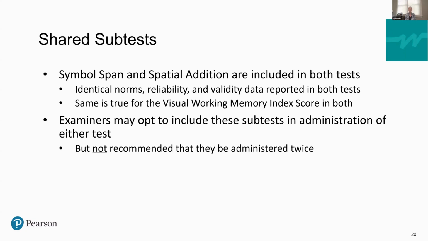Note also that there's another factor you'll want to consider. If you administer and score using pencil and paper, things are pretty straightforward, but can become a bit more complicated with digital administration. In this case, the examiner will get more index scores when these subtests are administered with WAIS-5 than with WMS-5.